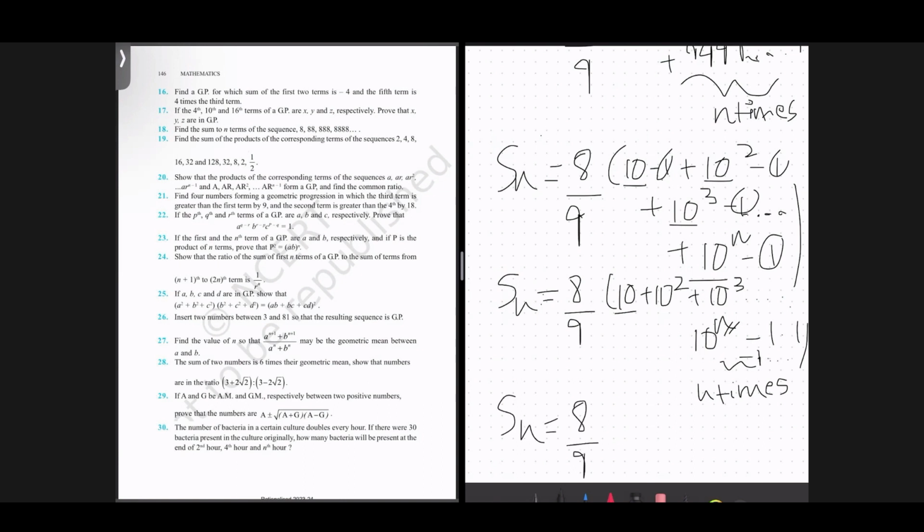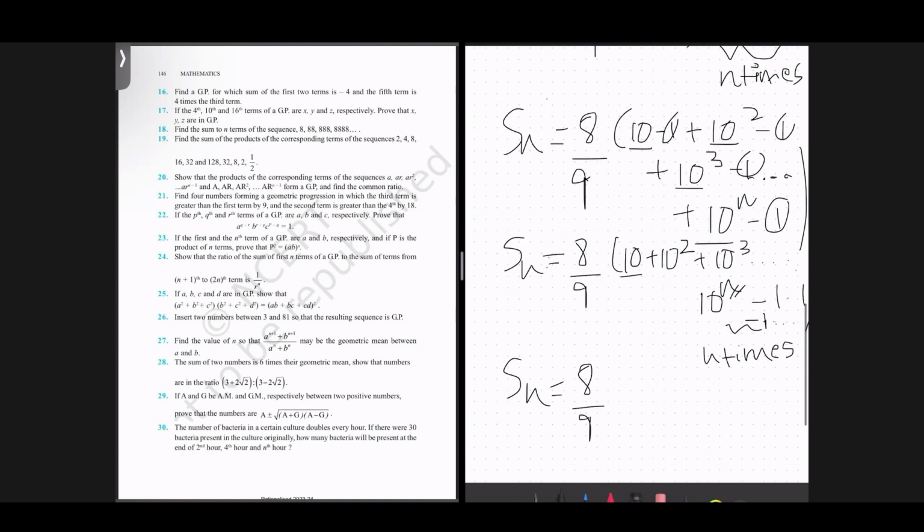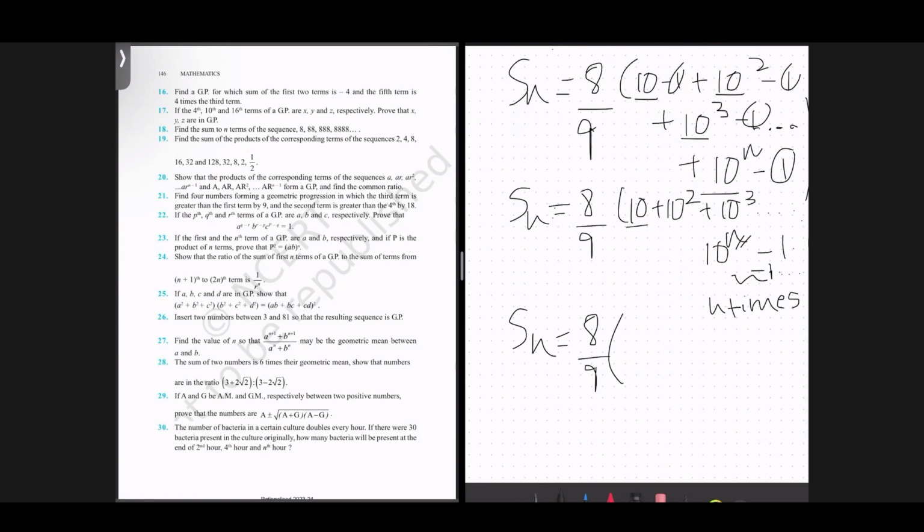I'm just going to convert the summation of the GP into the formula that I just told you. And now Sn would become 10 into 10 raised to the power n minus 1 upon 10 minus 1. And on the other side, I will subtract 1 for n times.